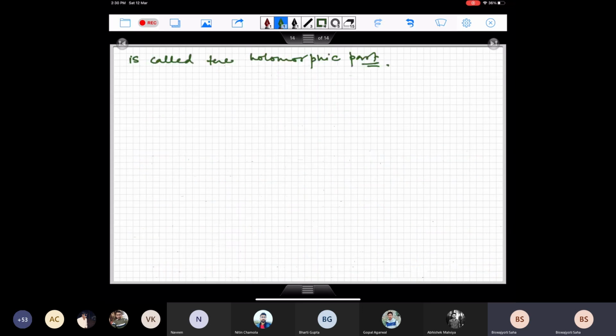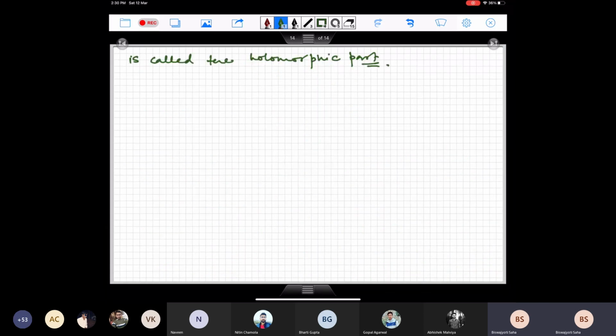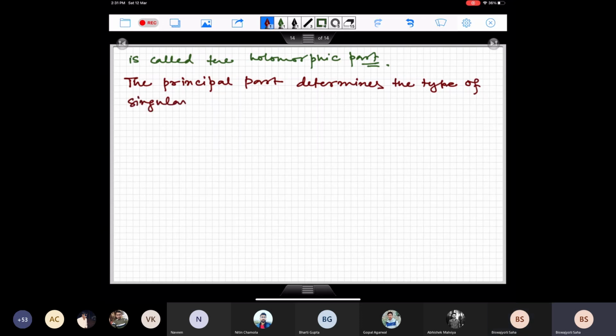Now the point that I would like to mention, which I also told in the last class orally, is that the principal part determines the type of singularity at alpha.